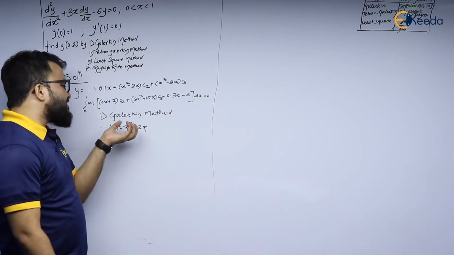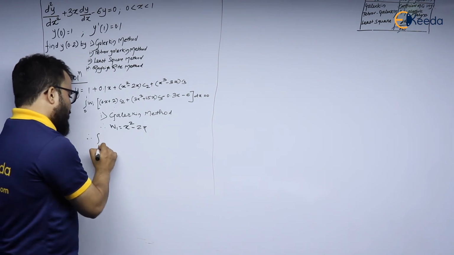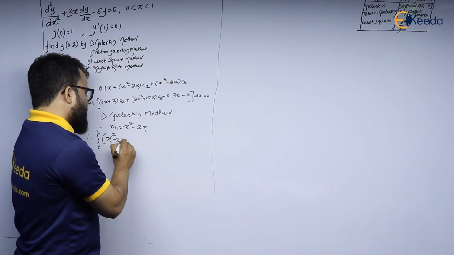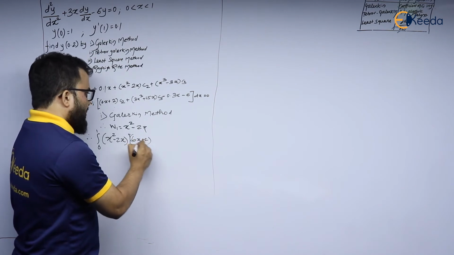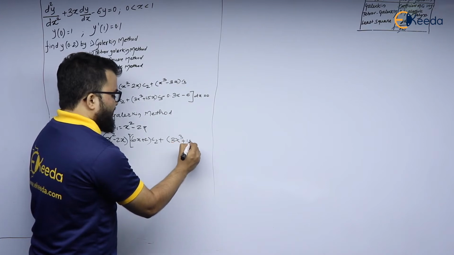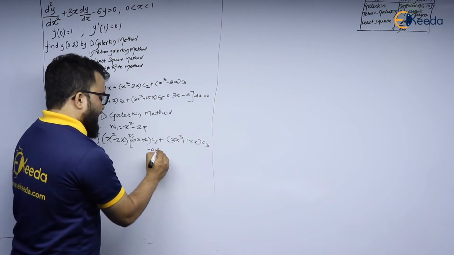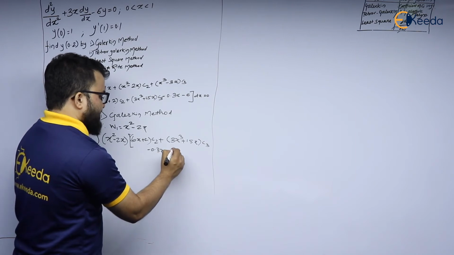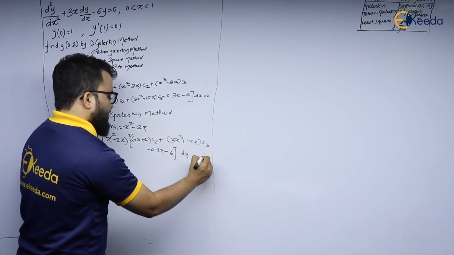Now I will put this W1 in the weighted integral form. So this becomes the integral from 0 to 1 of (x square minus 2x) into [(6x plus 2) C2 plus (3x cube plus 15x) C3 minus 0.3x minus 6] dx, equals 0.